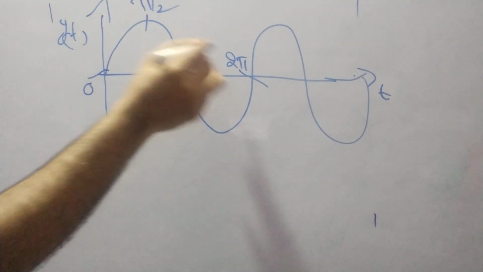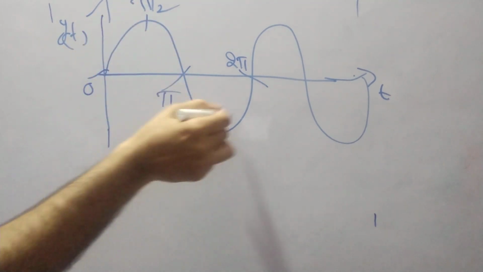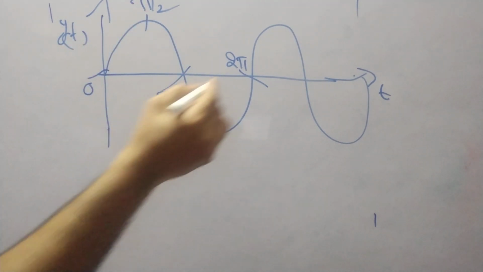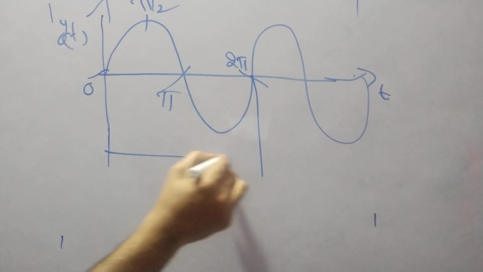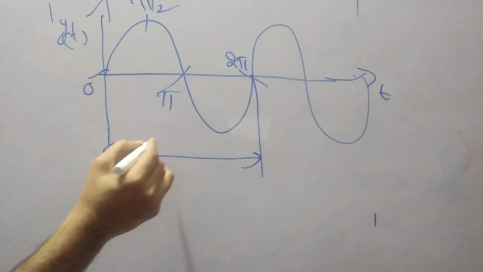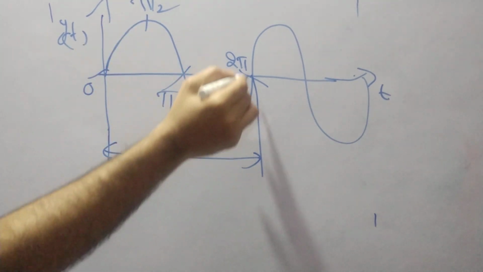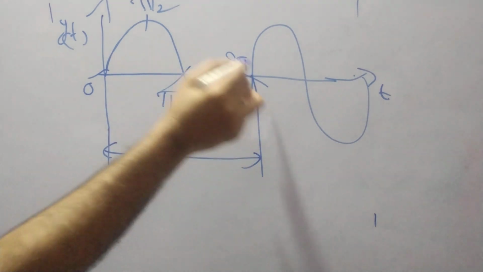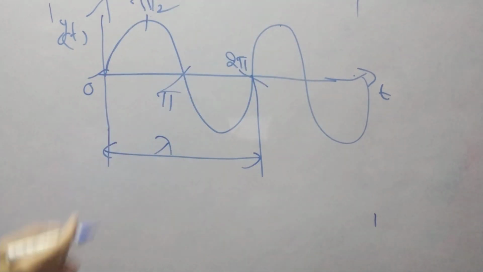So in terms of angle, these are the phases or angles on the curve, right? Without angles, what is this value? This value is lambda, the wavelength. A complete cycle, or crest to crest, is a wavelength.